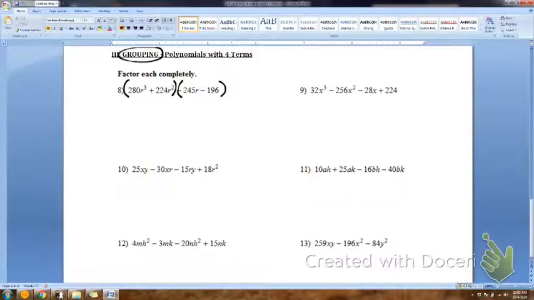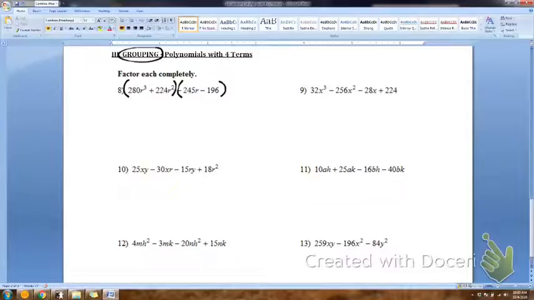Okay, we can. So we're going to go 224 divided by 56. So let's divide them both by 56. I know that you wouldn't have thought about that on your own. You won't be faced with such huge numbers in your homework today.